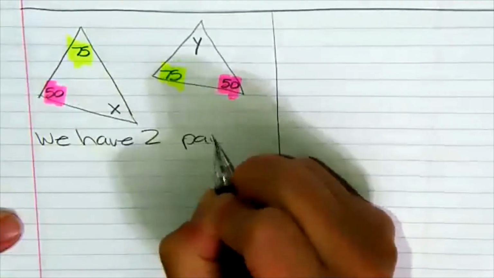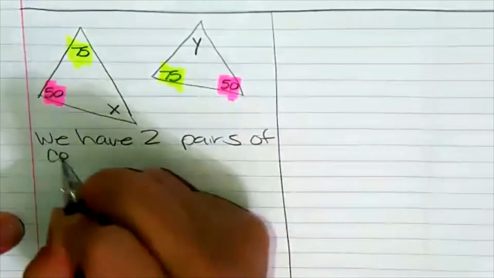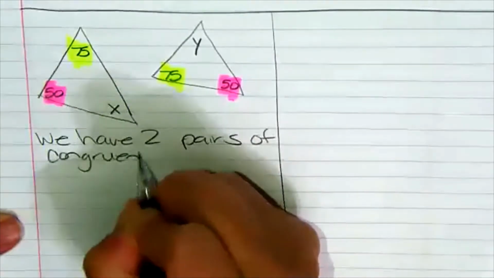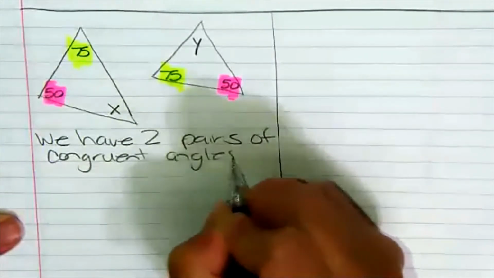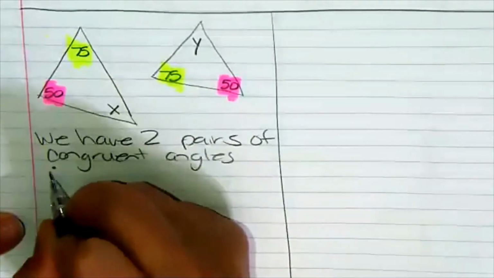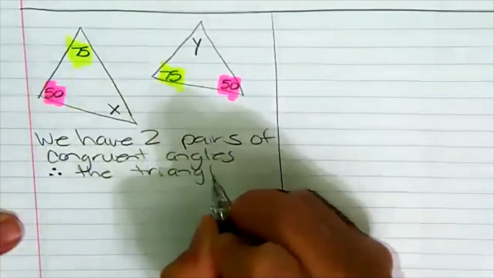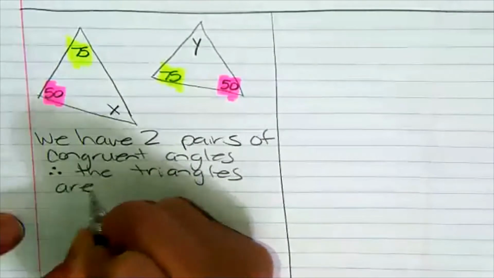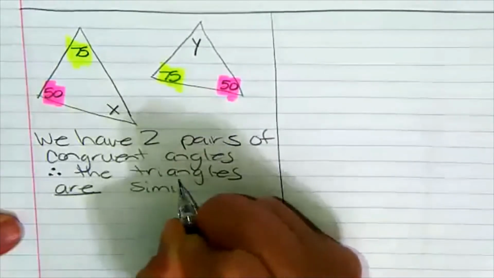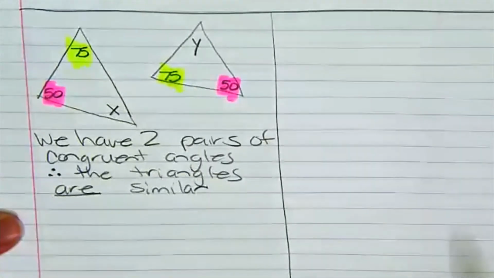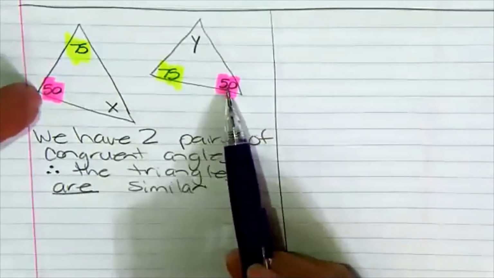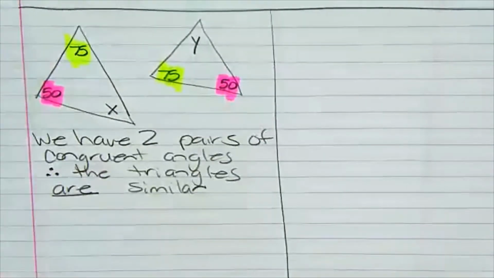We have two pairs of congruent angles. Therefore, the triangles are similar. So if we have two pairs of congruent angles, we don't need to worry about that third pair.